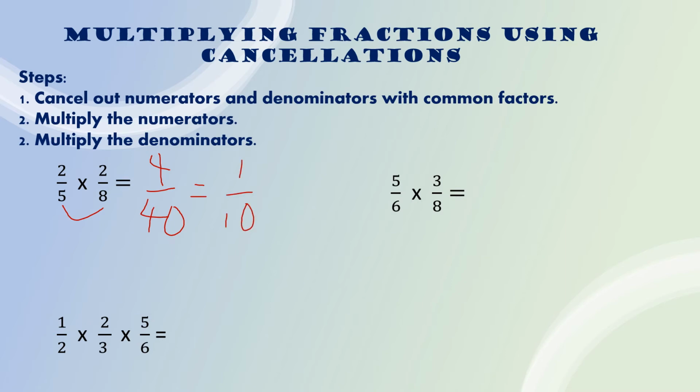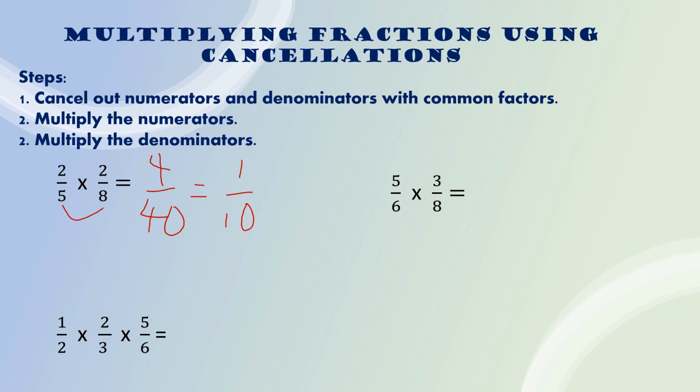But sometimes when we have 3 or more fractions, it's harder if we just multiply all the numerators and the denominators. So we have one way to make it easier: we express the fractions in lowest term before we multiply them.